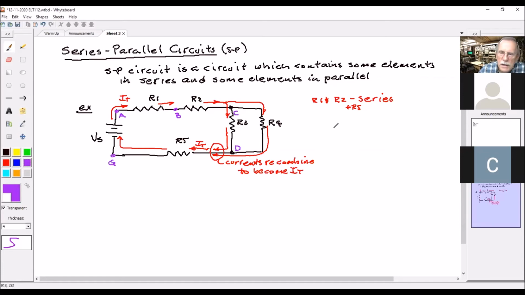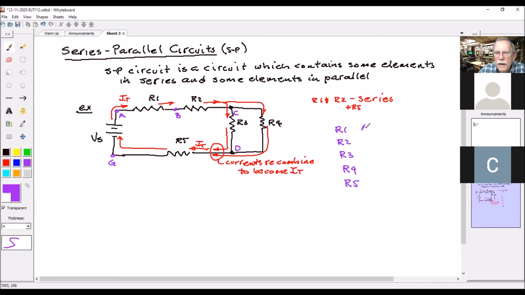If I made a list of the resistors, and we said, what nodes does it connect to?